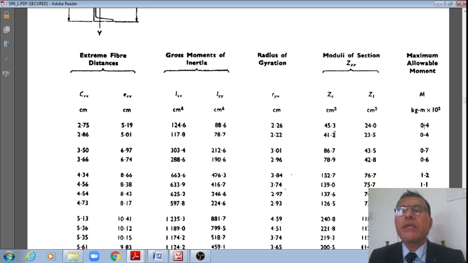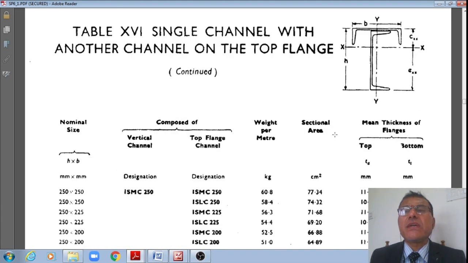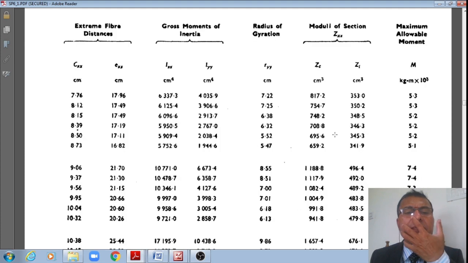It is 4 kilonewton meter is the maximum allowable moment, right? Like that you can please see for other sections also, right? Like that ISMG 350, etc.